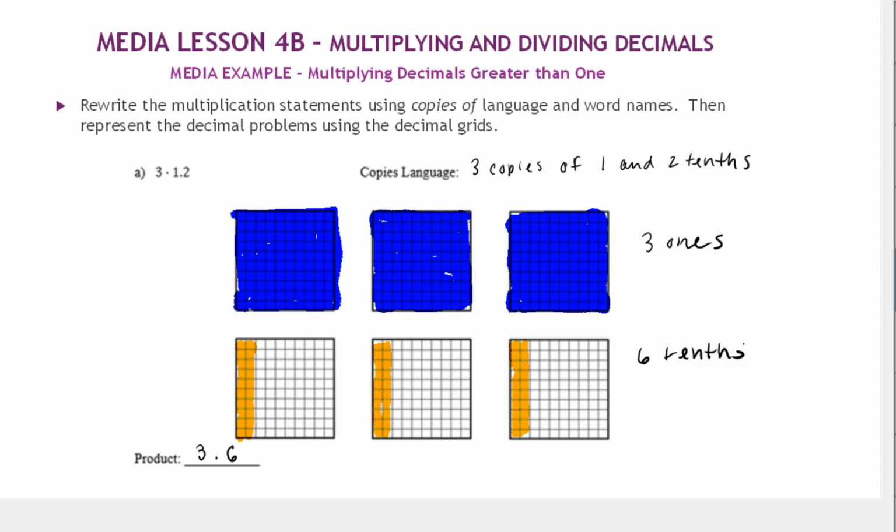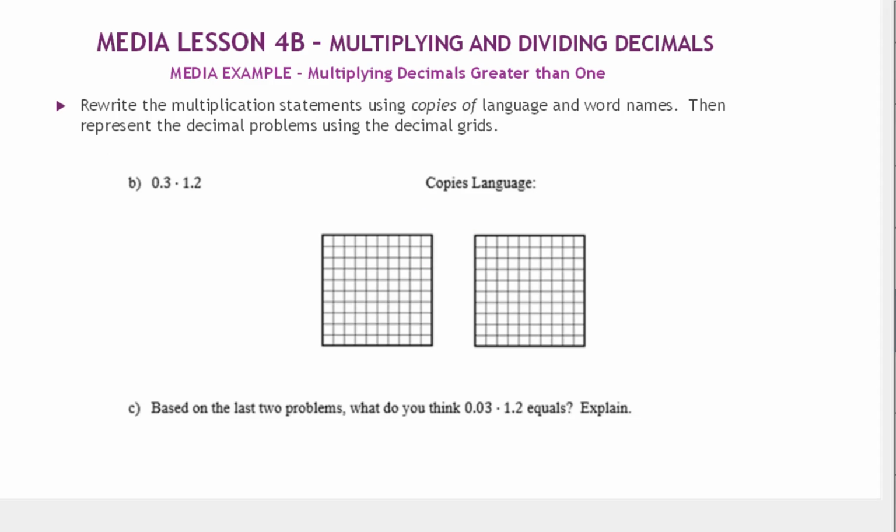Let's look at another example. Now we have 3/10 of a copy of 1 2/10. So let's write that language. 3/10 of a copy of 1 2/10. Okay, there's a ghost erasing my work. There we go.